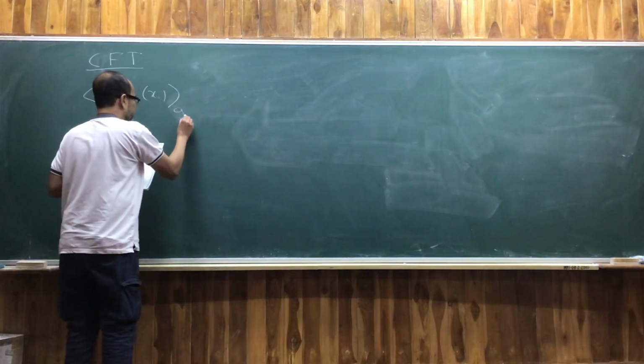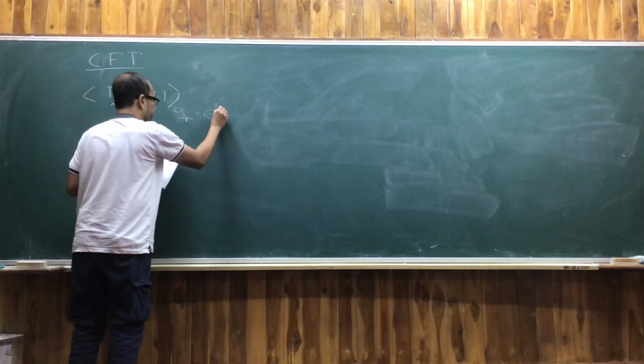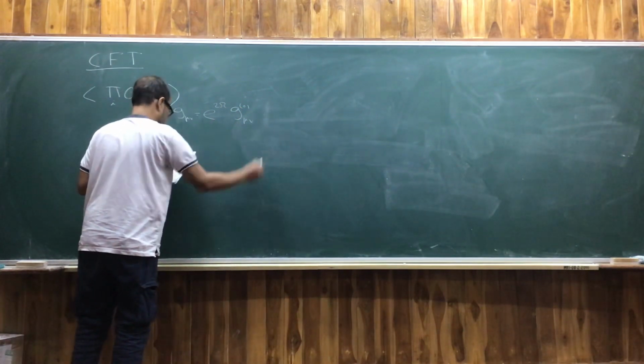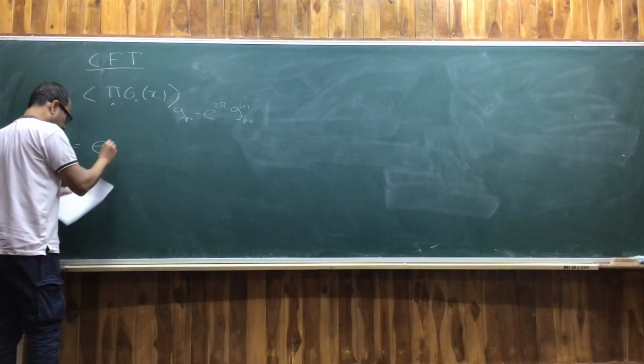so this correlation function evaluated at g_{μν} = e^{2ω} times some reference metric g0_{μν} is given by the following form.